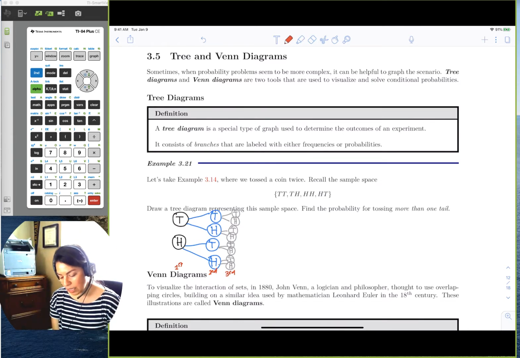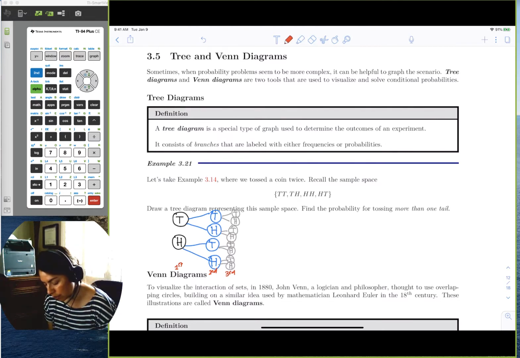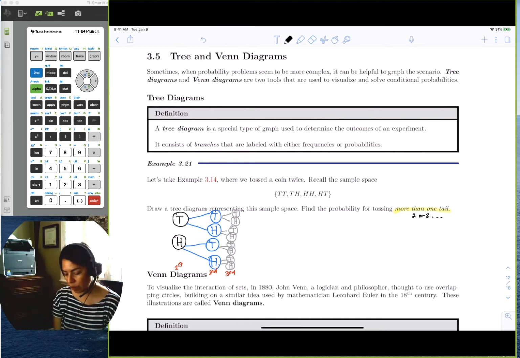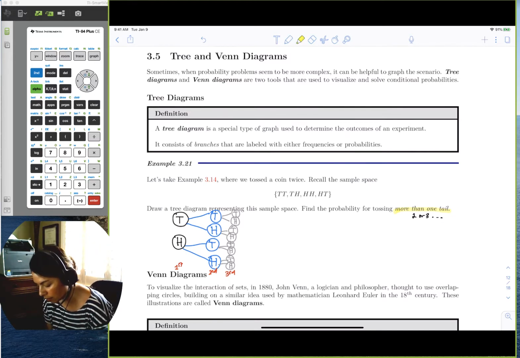But we look at the first and second tosses to find the probability of tossing more than one tail. More than one tail would mean two or three or so on, right? It has to be more. But since we only toss the coin twice, we only have one event, so we would just look for that event of tossing more than one tail.